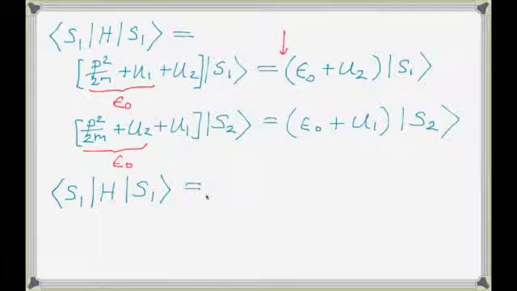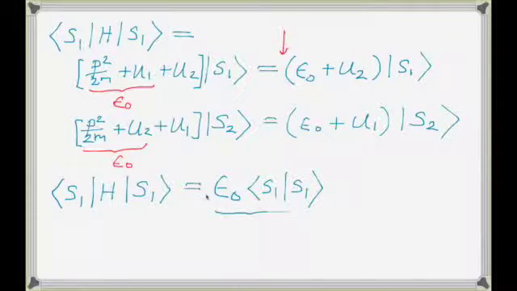And that's just going to give me epsilon 0, S1, S1. I'll write out all the terms the first time. Epsilon 0 is just a number, a constant, so I can pull it outside of that matrix element. Remember, the matrix element is really an integration over space, right?